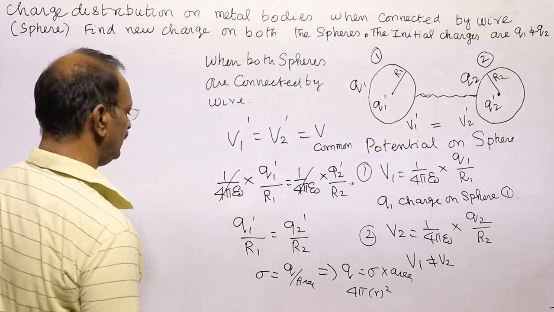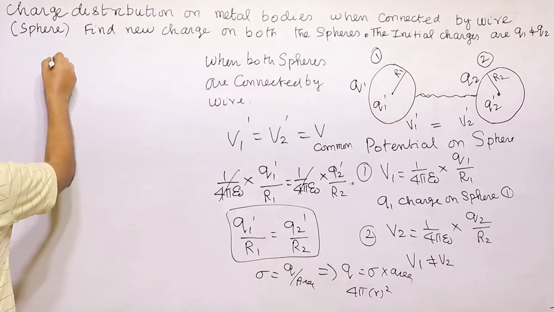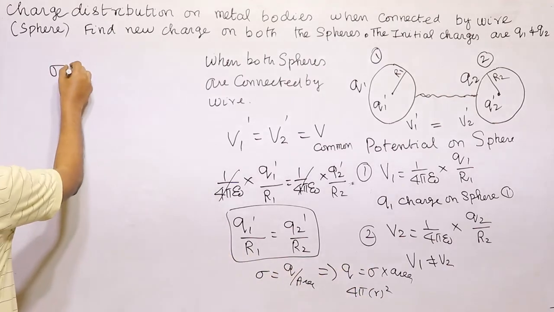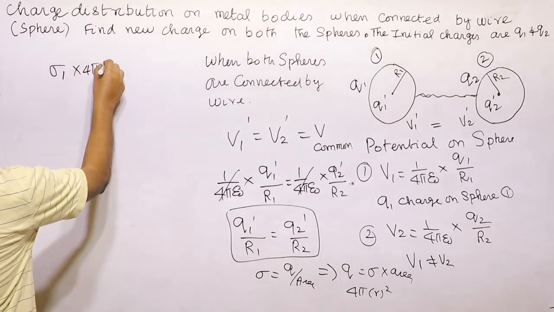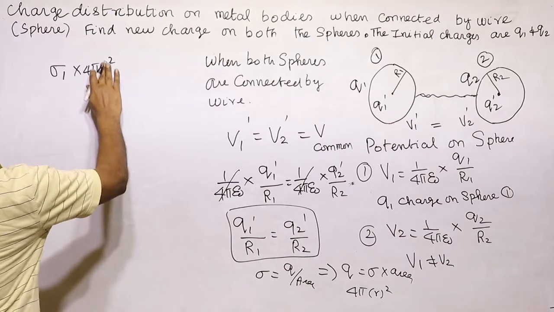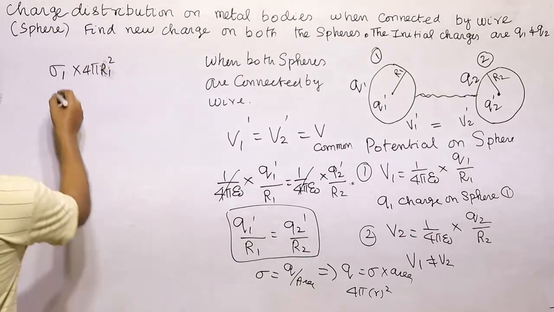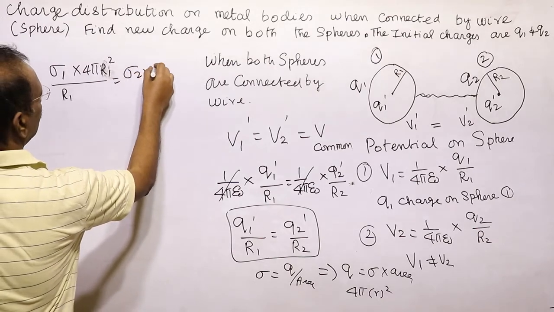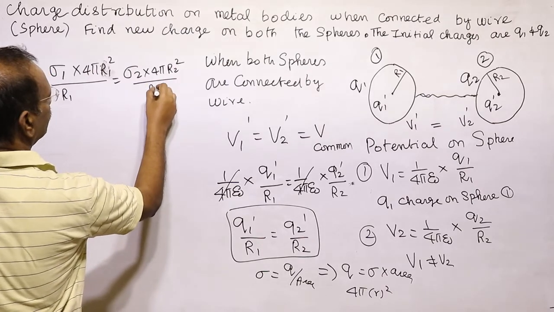Taking this relation, Q1 is equal to sigma 1 into 4 pi R1 square, for the first sphere. So sigma 1 into 4 pi R1 square divided by R1 is equal to sigma 2 into 4 pi R2 square divided by R2.